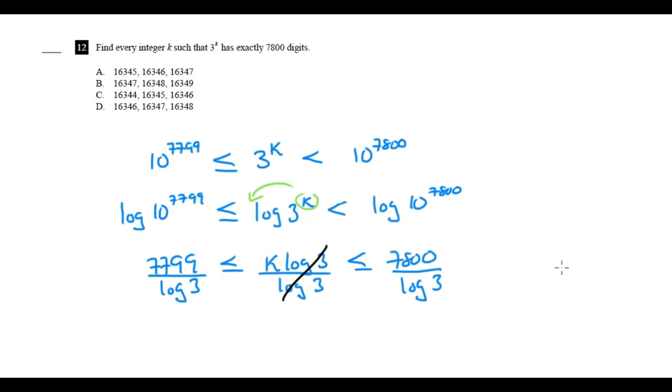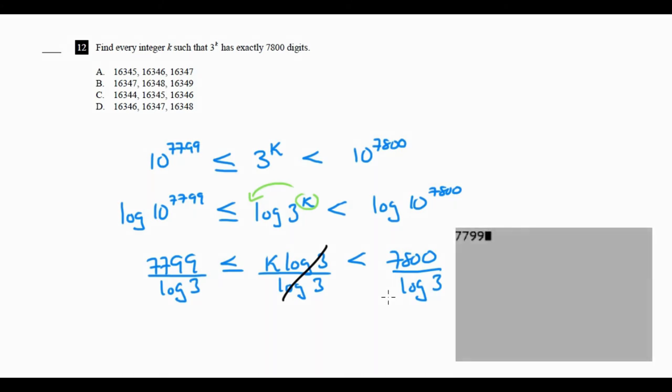So we'll look at these two numbers on our calc and make sure we take integers that are greater than or equal to this number, but make sure we don't actually include this number. And I'm glad I caught that. I just noticed I accidentally included my line on that inequality, which is a no-no, because if we include this, then we'll be one digit too big.